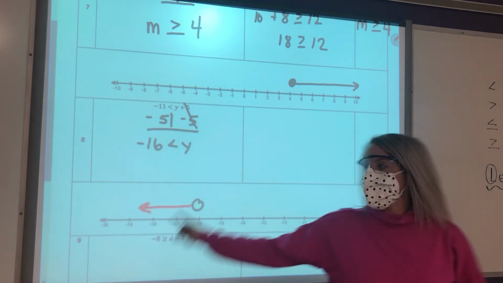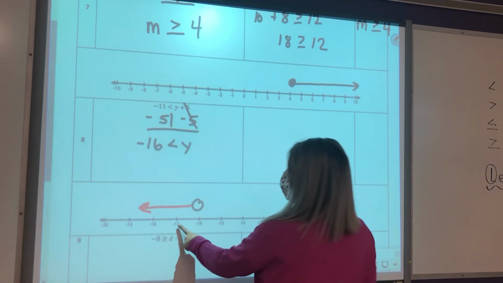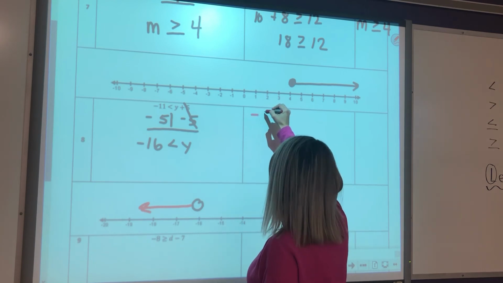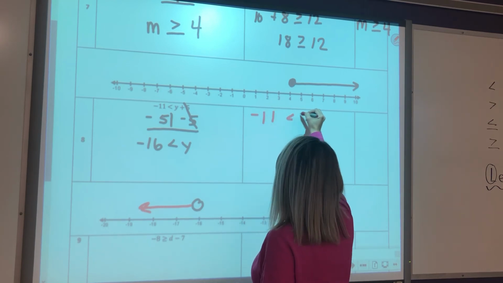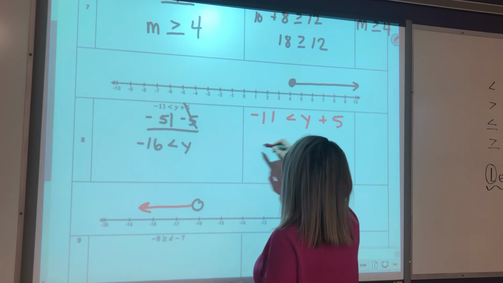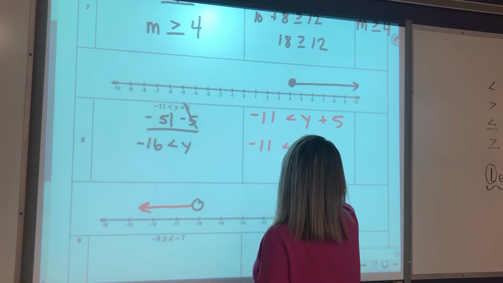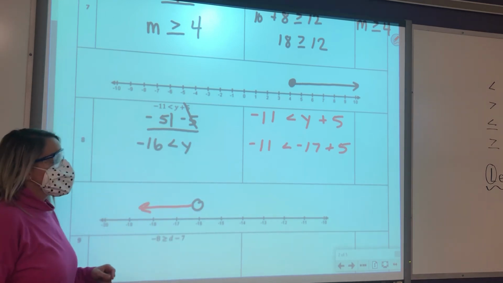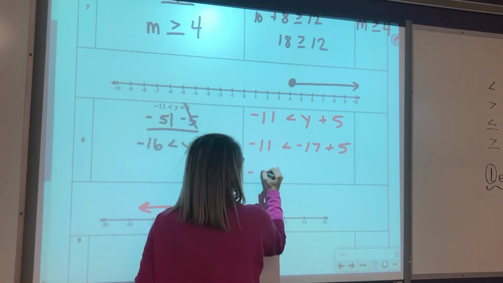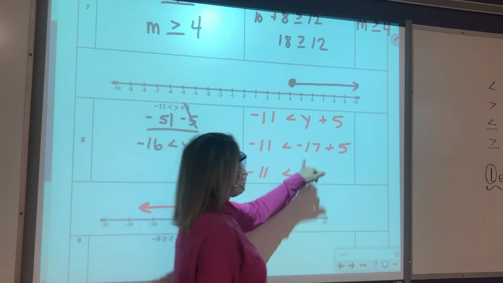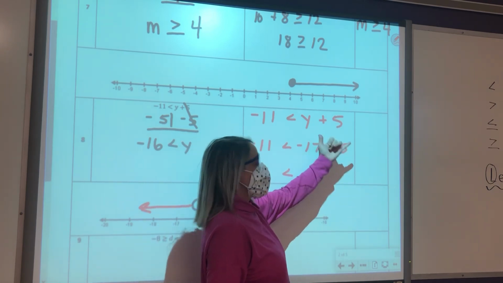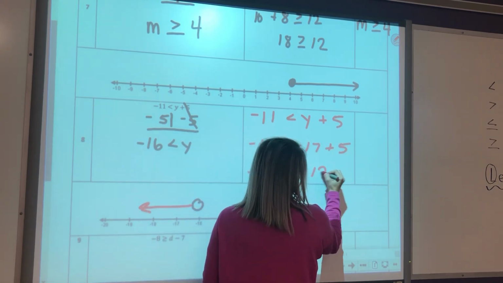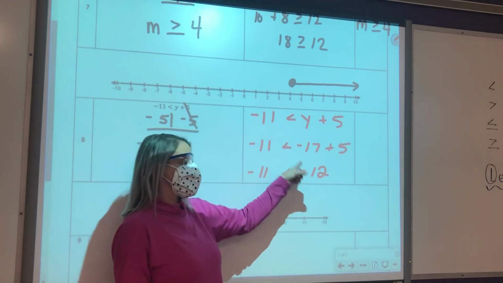When I go to check my answer, maybe I'll use negative 17. It'll work. Negative 11 is less than... different signs, so I subtract. So I get negative 12. Negative 11 is less than negative 12.